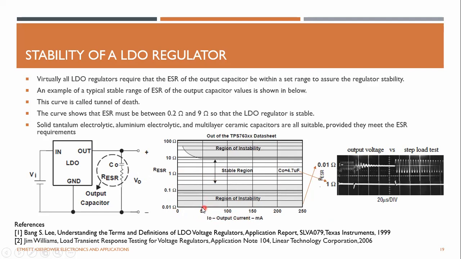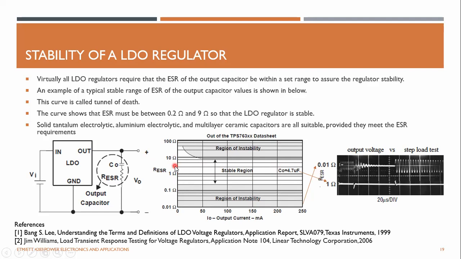If you pick, for example, around 10 ohm for ESR, it is stable only for currents less than around 70 milliamps. If the load current increases into this range, you will get instability, right? So you have to keep in mind this stable range of the ESR.